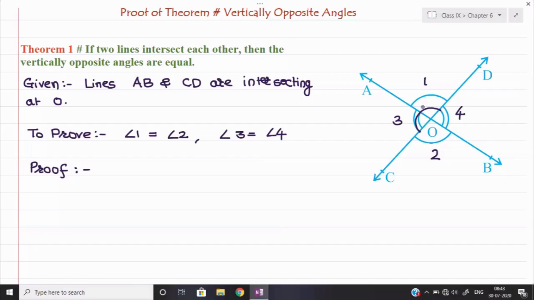So AO is a common arm, and observe the non-common arms, CO and DO, are forming a straight line. So we can say that the sum of angle 1 and angle 3 will be equal to 180 degrees. Normally we don't explain the linear pair in the question.